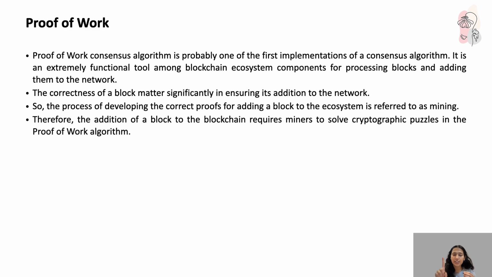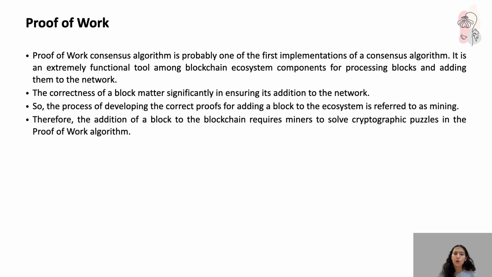And the first one, the winner, whoever solves it first, gets the right to append the block, and this appended block gets broadcast to everybody else. If I have been the first to solve the cryptographic puzzle, I get the right to add the block to the blockchain. And once that has happened, the solution, or the proof, is broadcast to the rest of the network for verification.